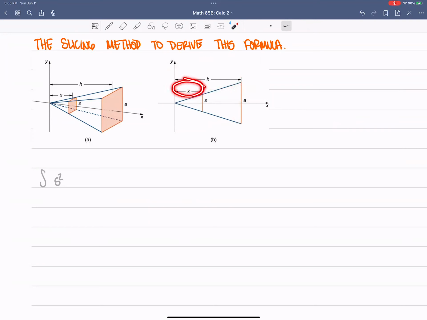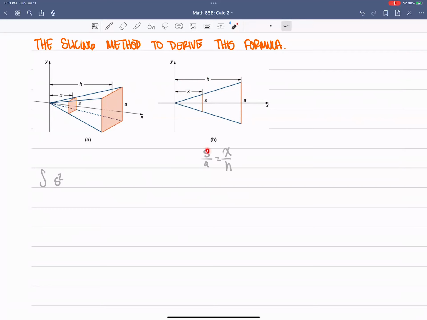If we name this other value x, because x is what's moving along here, we can integrate that. So s is to a as x is to h.